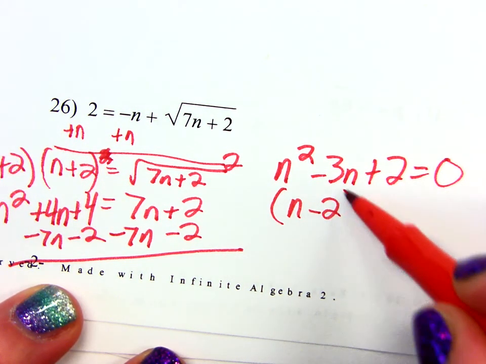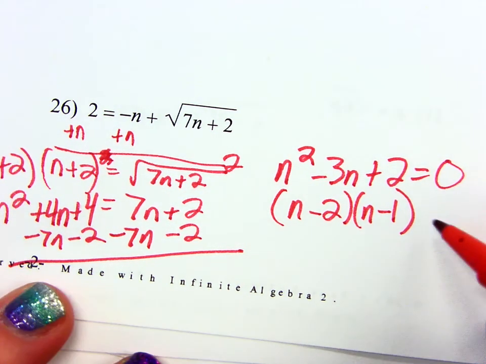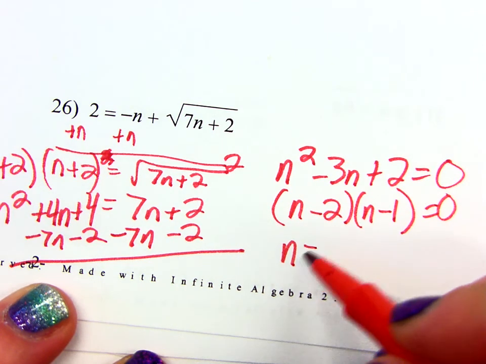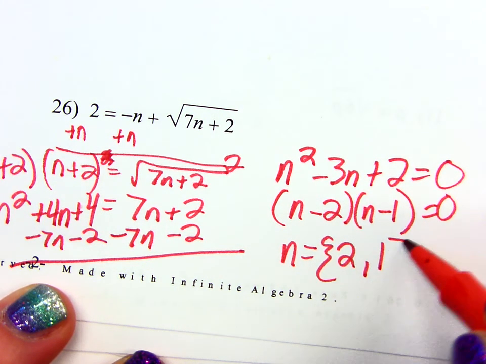Yes, so in this case they are both negatives. So that means my answers are positive 2 and positive 1.